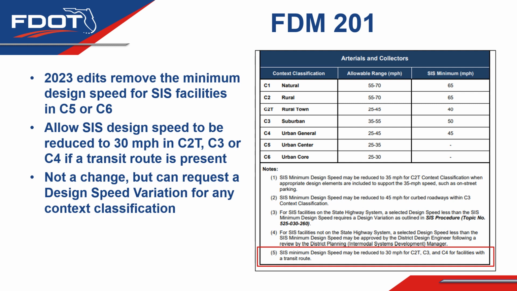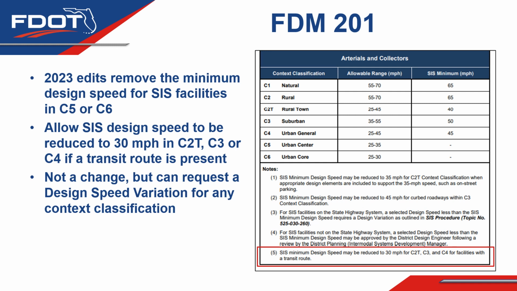And so in those locations, if we have a transit route, that was the thing that they decided, well, if there's a transit route, then that may indicate that there's probably going to be pedestrian traffic there. And if that's the case, we want to make sure that that road operates as safely as it can. And we don't want that SIS minimum speed to be a barrier to that.